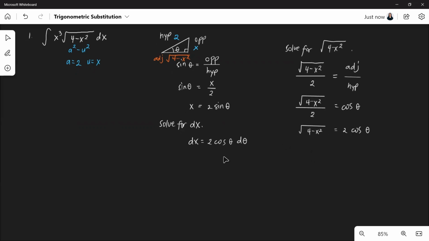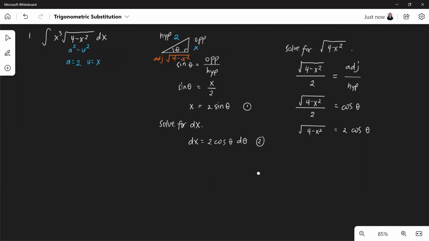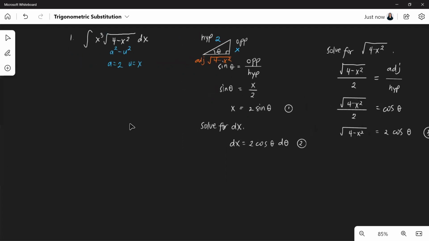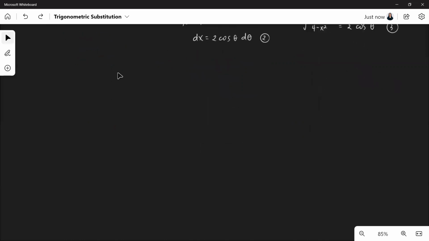So we now have these three equations, 1, 2, and 3. So we can now replace the variable x with theta. For the solution, let me rewrite the given at the bottom.